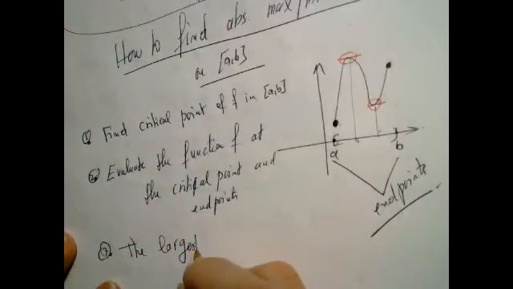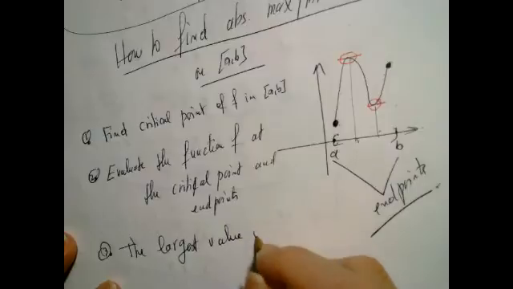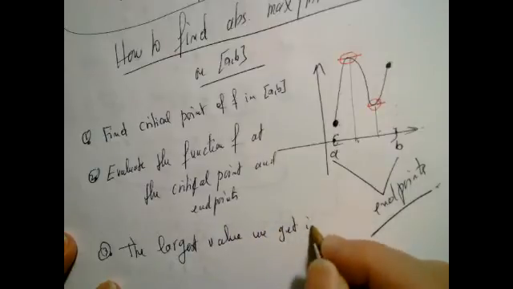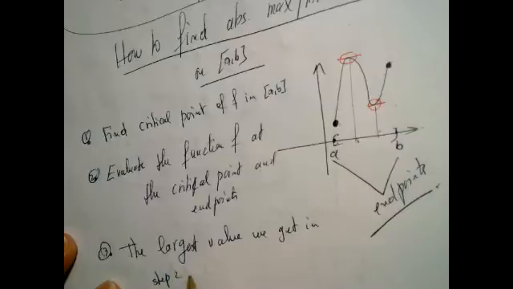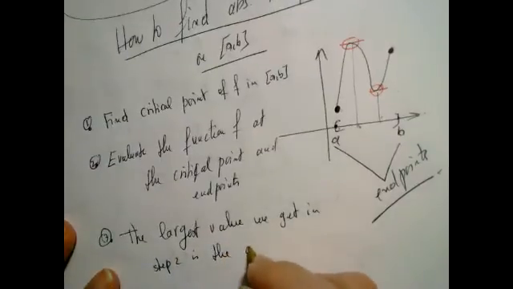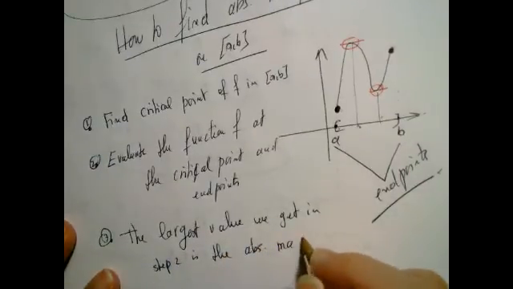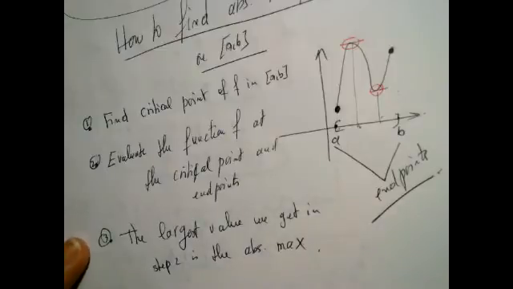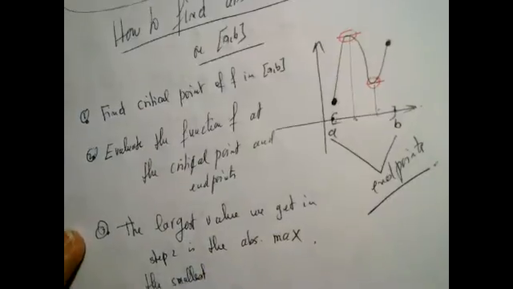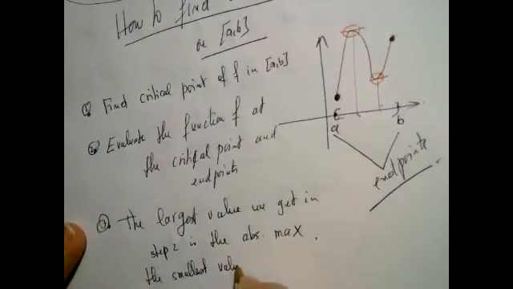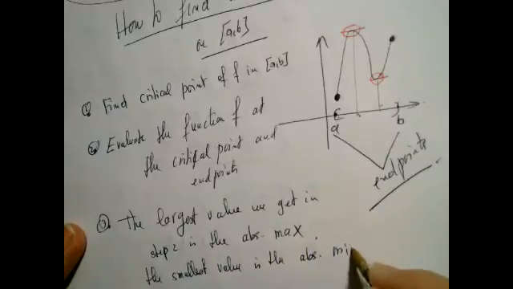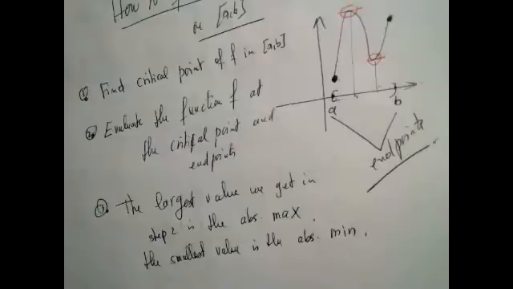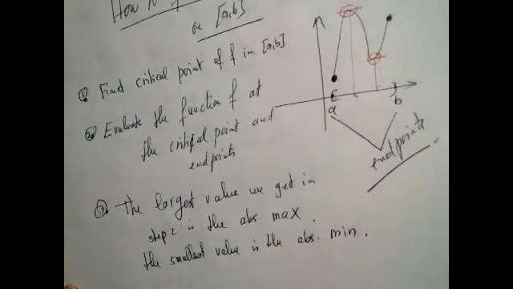The largest value we get in step 2 is the absolute max, and the smallest value is the absolute min. So as I repeat, it's a very, very intuitive procedure, and we're going to apply it immediately.